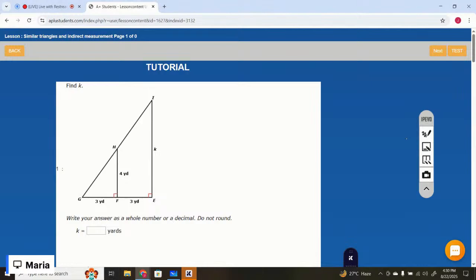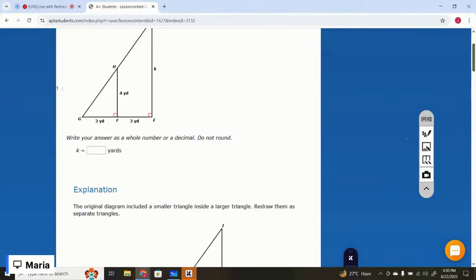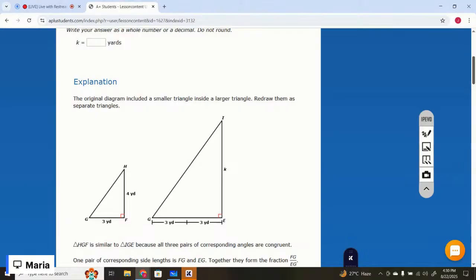Find K. So the original diagram included a smaller triangle inside a larger triangle.